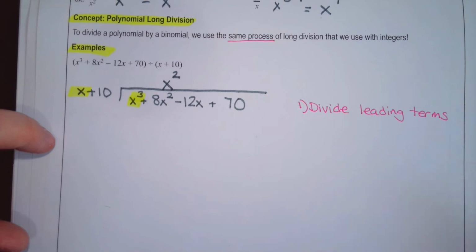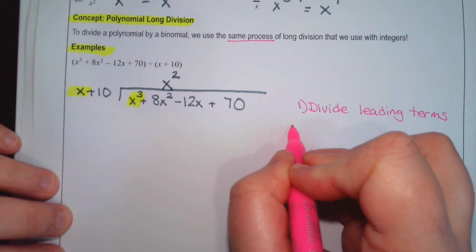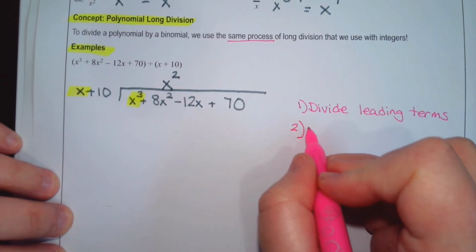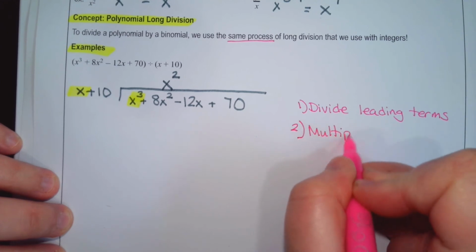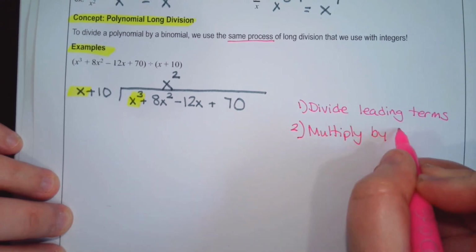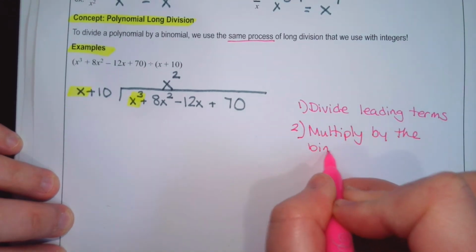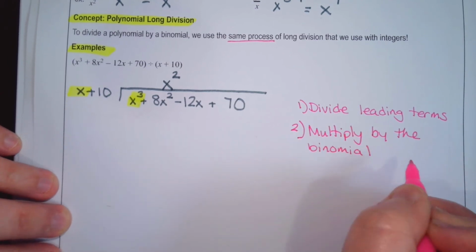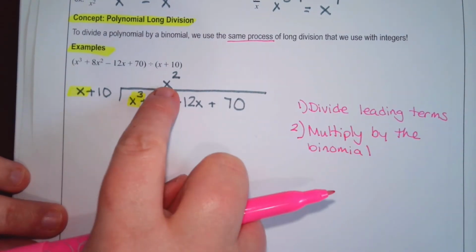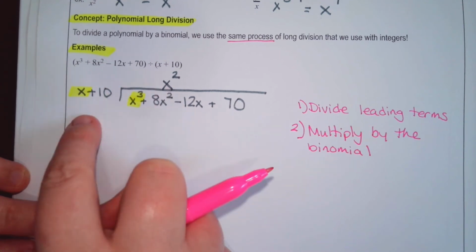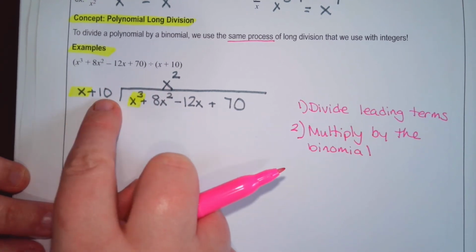Step number 2 is multiply by the binomial. So now what we're going to do is we're going to take this x squared and multiply it by x plus 10.